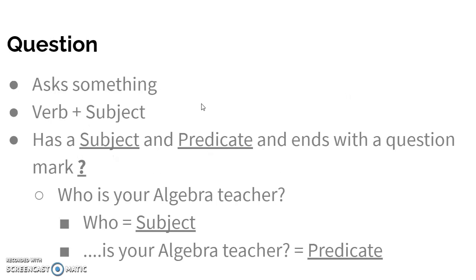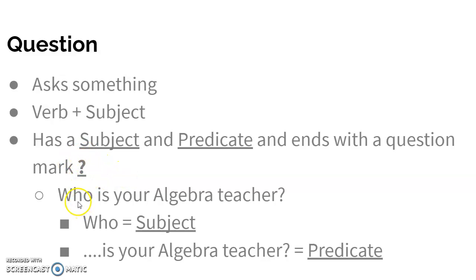Now, a statement just gives you information, with a period. A question is asking about something. In this, instead of it being subject then verb, the verb comes first, then the subject, and it will end in a question mark.